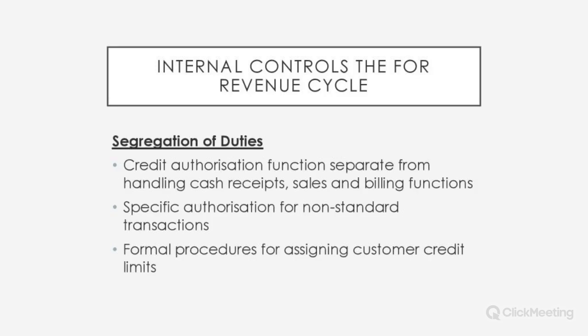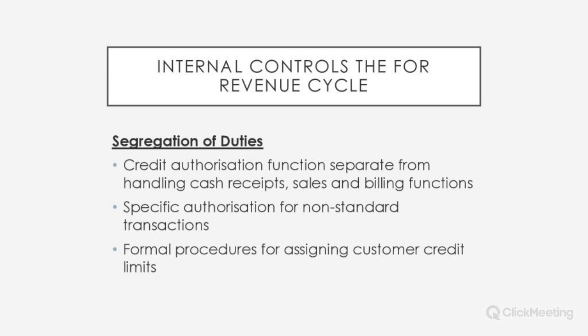Then, segregation of duties. Again, the credit authorization function should be separate from handling cash receipts, sales, and billing functions. Specific authorization for non-standard transactions should be in place, and a formal procedure for assigning customer credit limits should be in place.